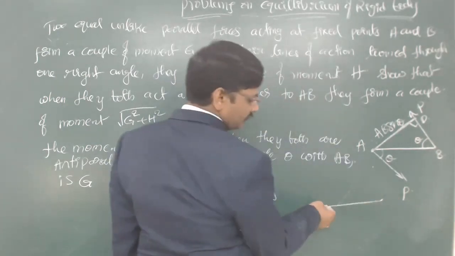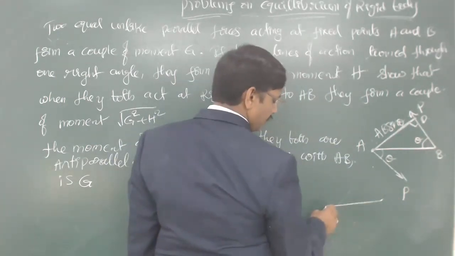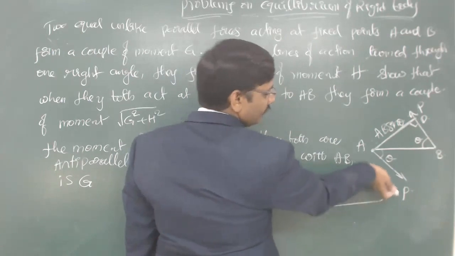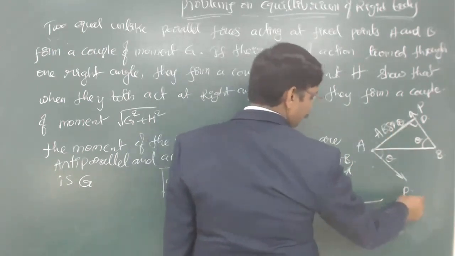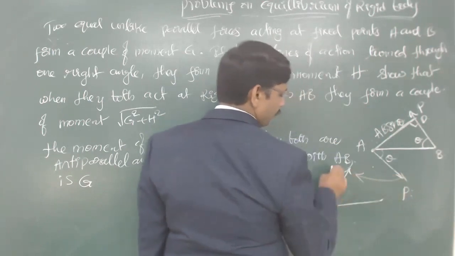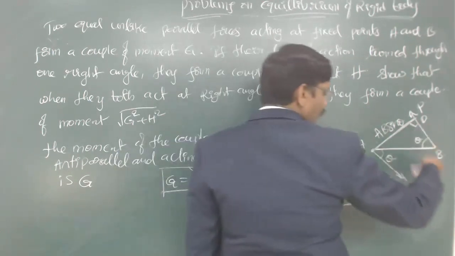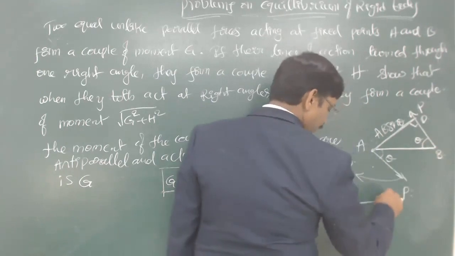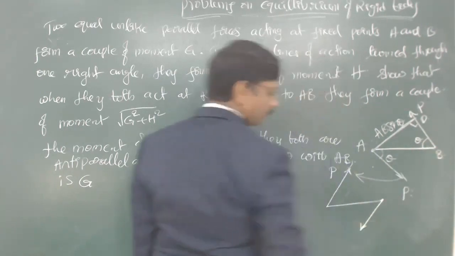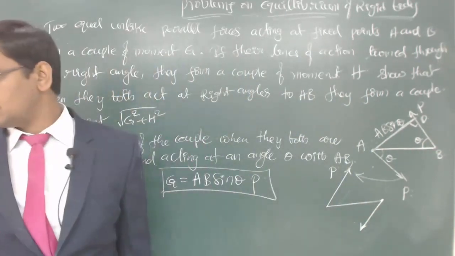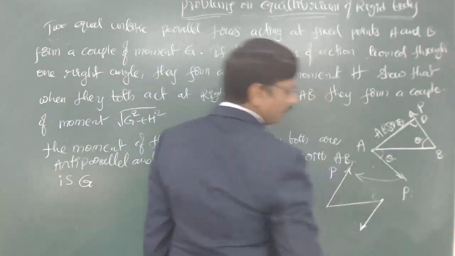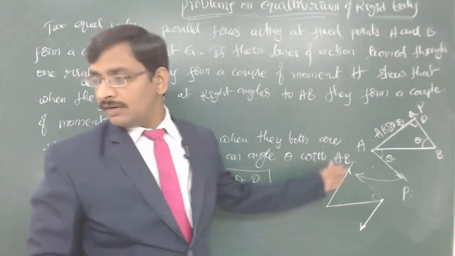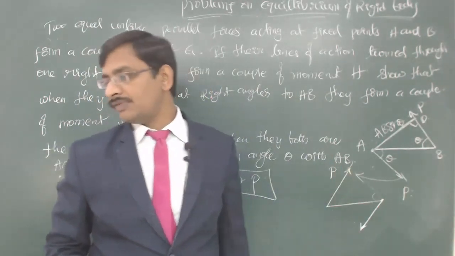See this, earlier it was like this, and now it rotated by 90 degrees like this. So this P became this one, and this also rotates by 90 degrees, that means it will go like this. Got it? Earlier it used to be like this, and this is theta, and then from there it rotated by 90 degrees.